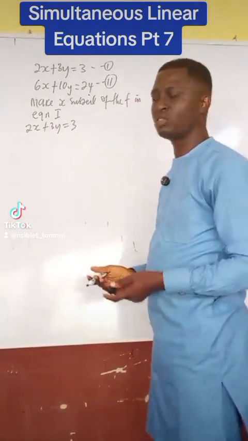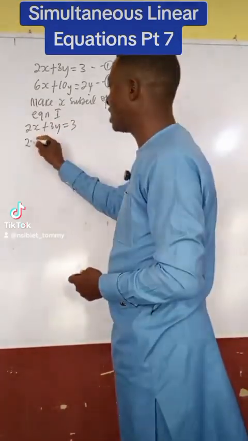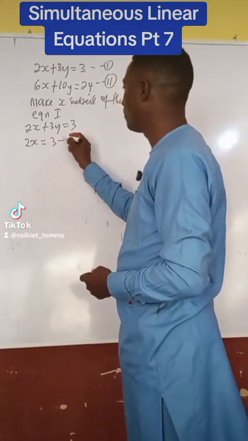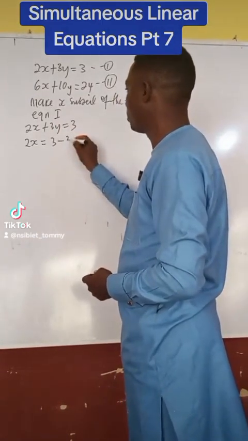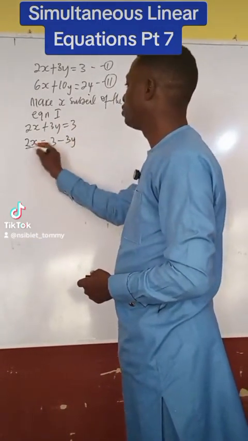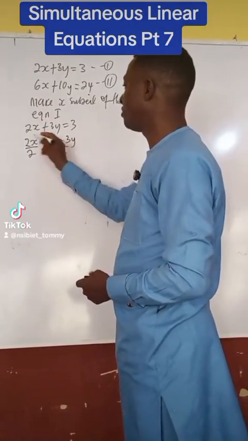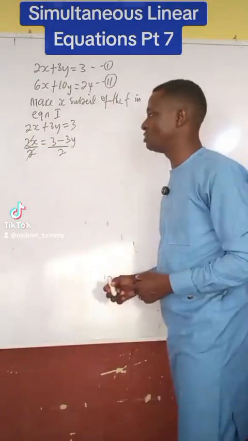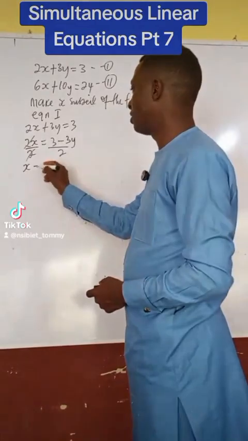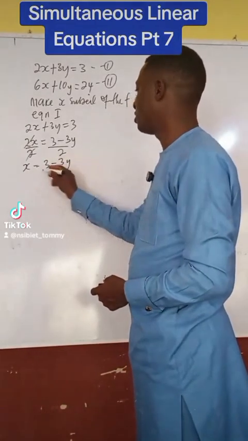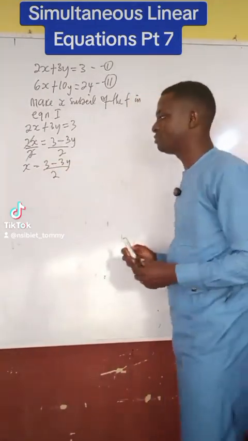How do we make x the subject of the formula? That means x has to stand alone. 2x is equal to 3, and 3y crosses over to this side and becomes minus 3y. To make x the subject, I divide both sides by the coefficient of x, which is 2. So our x now becomes (3 minus 3y) all over 2.